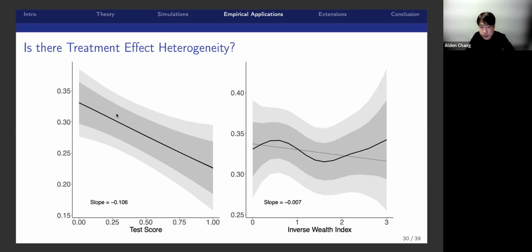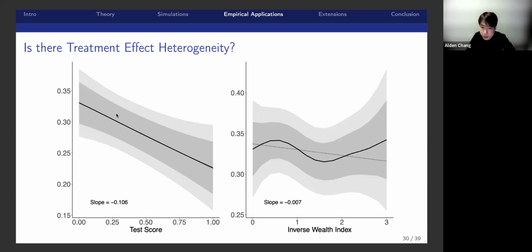But actually we see the opposite here. One possible reason is that for the highest ability students, even without the program, even without financial aid eligibility, enrollment in college is already quite high. So there's a ceiling effect.